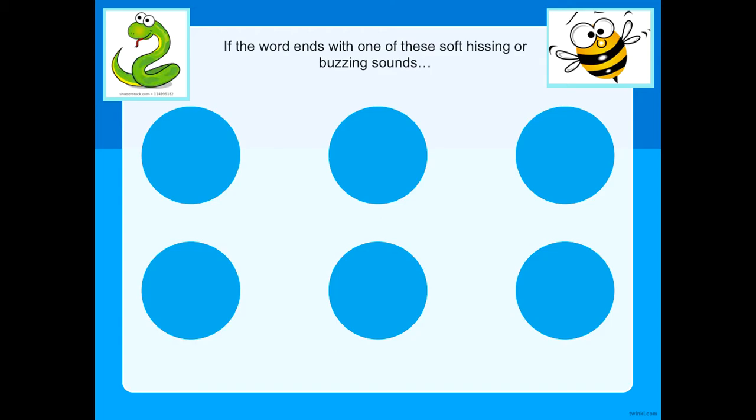Sometimes a word, a root word, remember that's the word we begin with before we add a suffix, will end with a soft hissing or buzzing sound. And when it does, we have a slightly different rule. These sounds could include our sh sound, our ch, s, x, and z sounds.